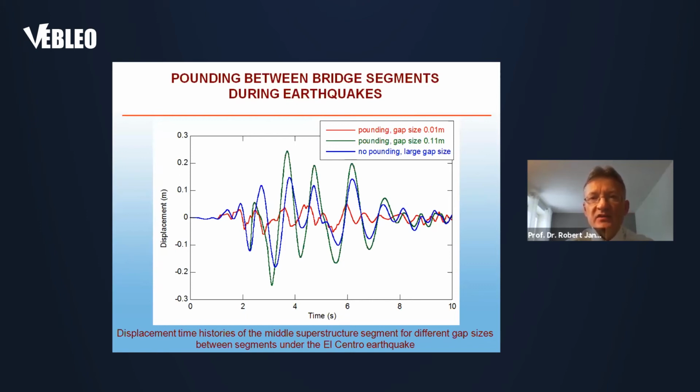In the case of the relatively large seismic gap, which is in this case 11 centimeters, that is the green line, we see that, of course, relatively large response can be observed. The smaller the gap is, the smaller the response is, because it is blocked by the adjacent superstructure segments. So for the case of 1 centimeter gap, this response is much lower compared to the larger gap size case.